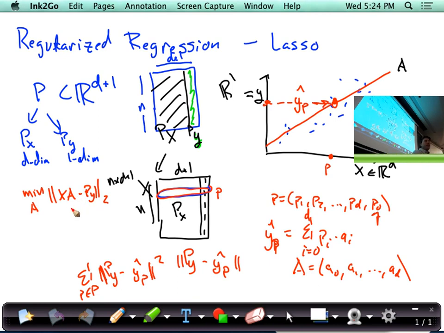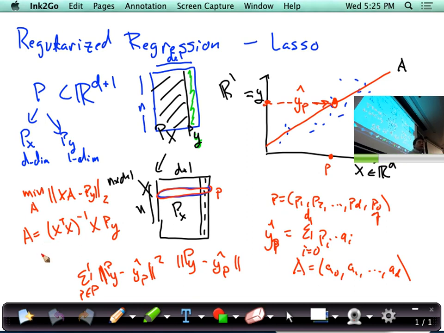If you want to minimize this, now this is a vector, an n-dimensional vector. If you want to minimize this over A, then the optimal way of doing this was going to be (X transpose X) inverse times X transpose times y_P. Okay, you could write this out in this notation, and if so, under two conditions.